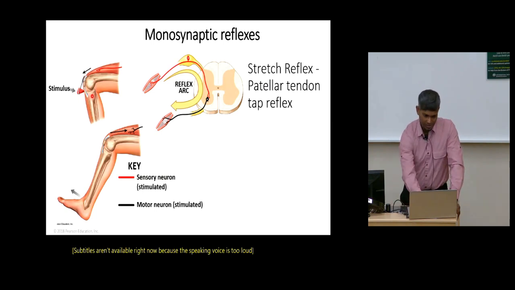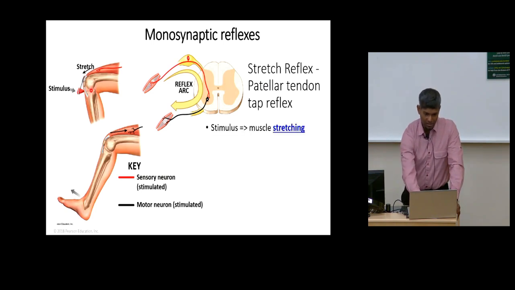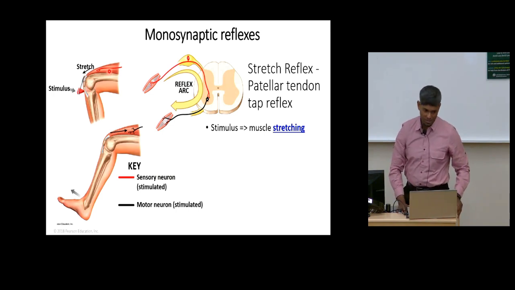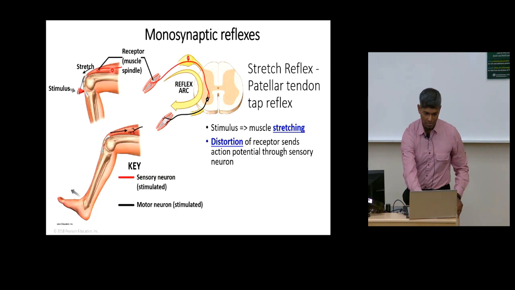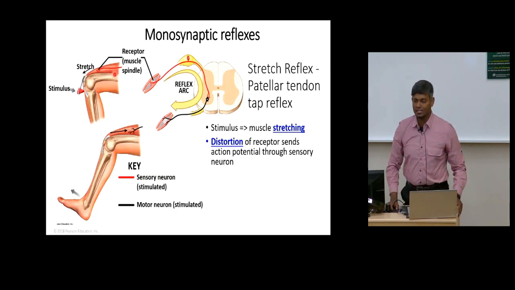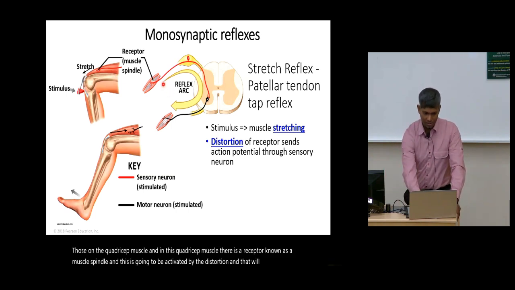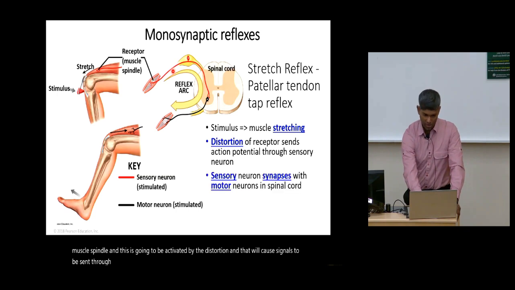So once this tendon is tapped on, that's going to cause the stretching of this tendon, which will in turn pull on the quadricep muscle. And in this quadricep muscle, there is a receptor known as a muscle spindle, and this is going to be activated by the distortion.